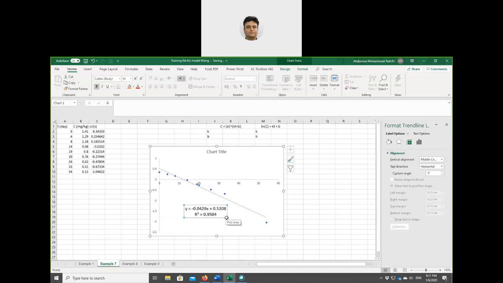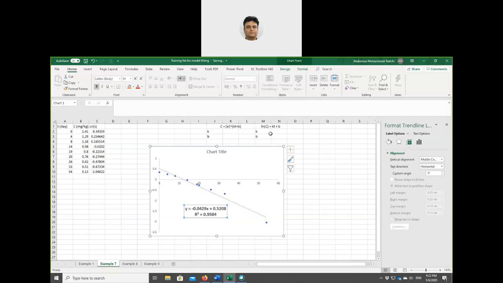You can see we have y, which is ln c, and x is t. So k, our constant here, is minus 0.0429.